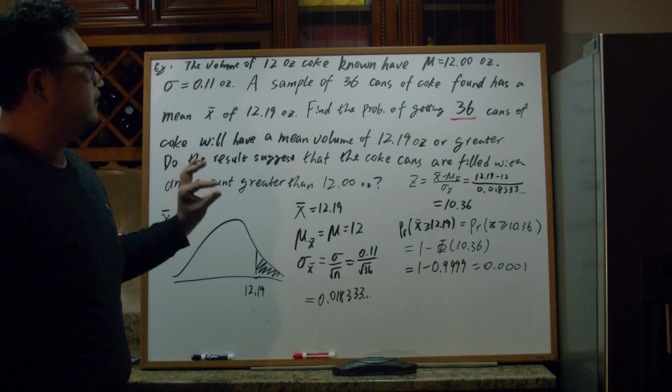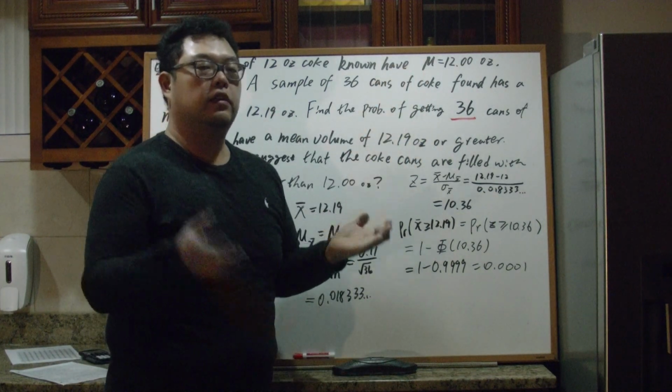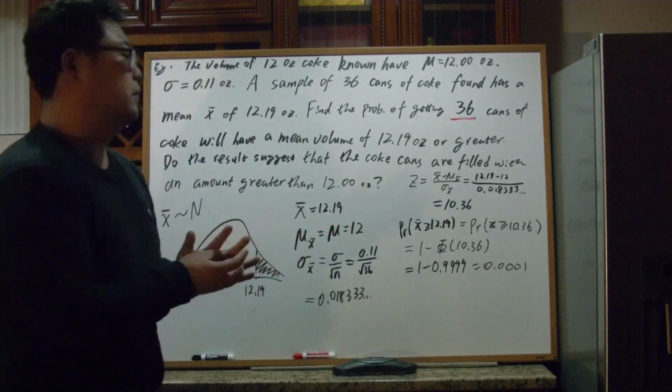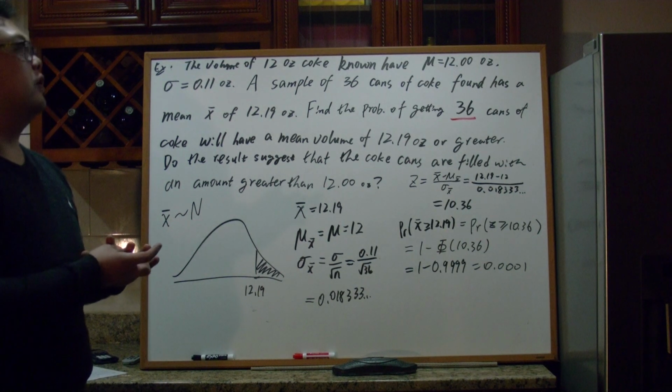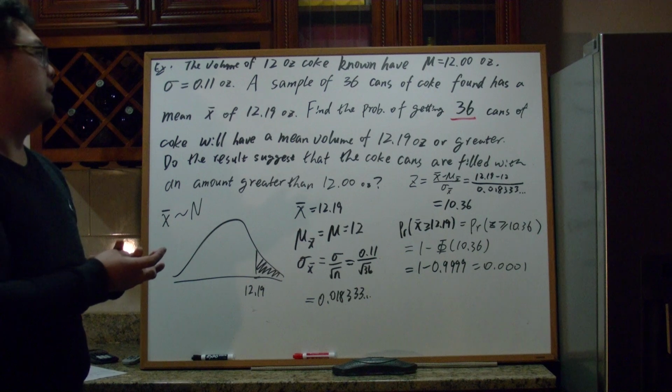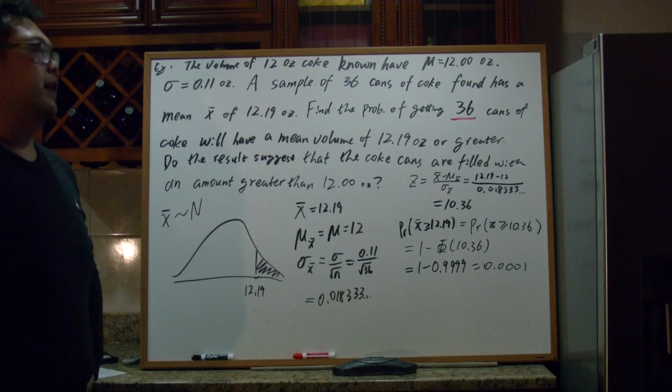Right, so if the machine that fills the Coke is working properly as was set before to be 12.00 ounces, that means it is very unusual to get 12.19.